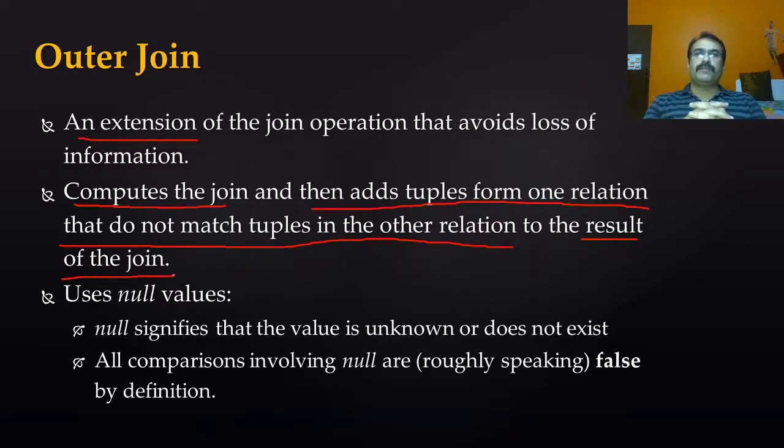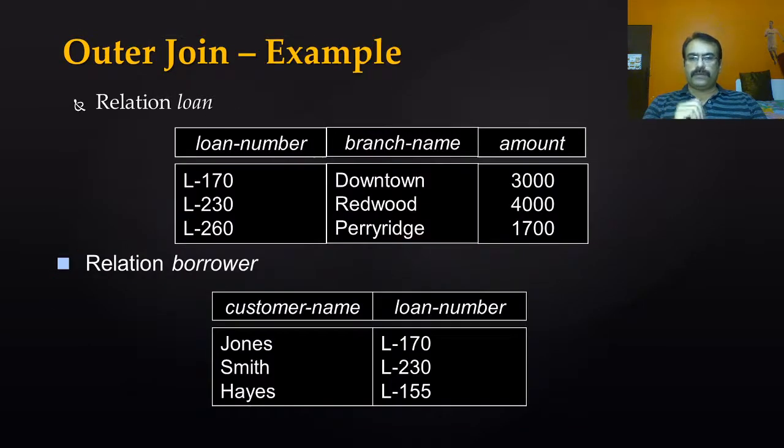Similarly, we are combining two relations over here. So it will perform the natural join, and all the tuples which are left over will be placed in the output. Okay, and the values which are not available will be placed as null.